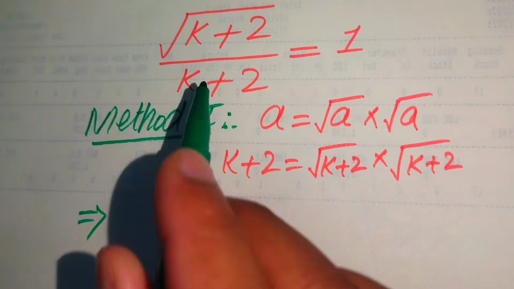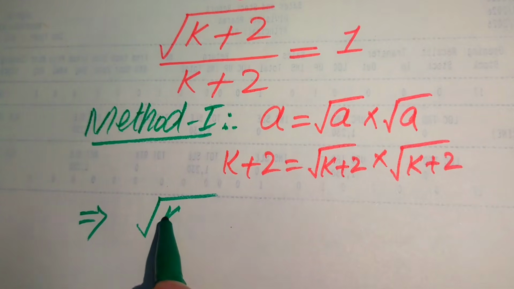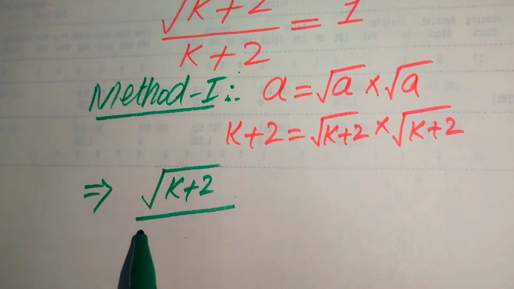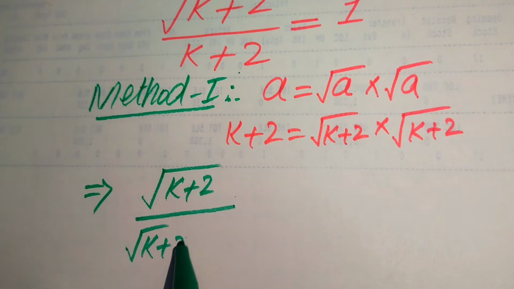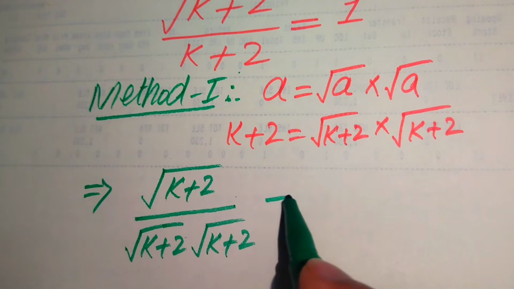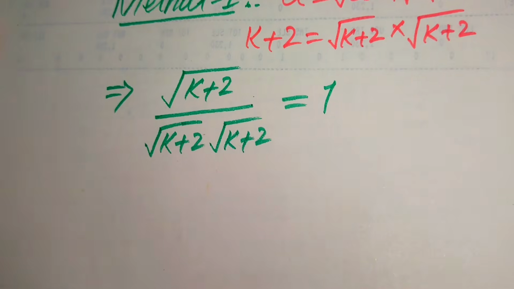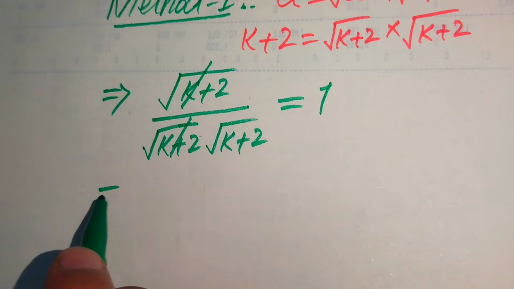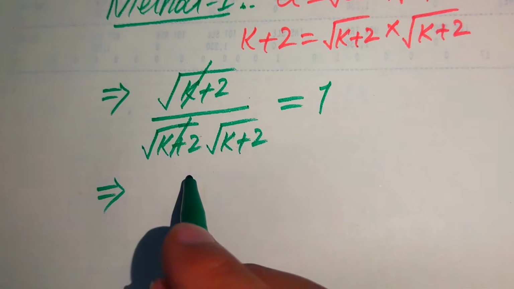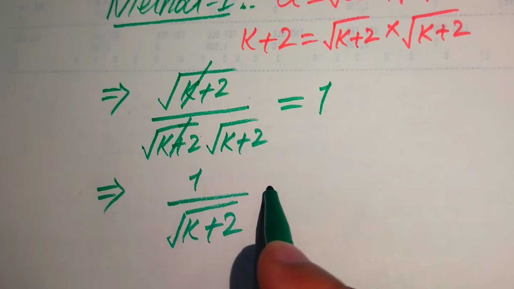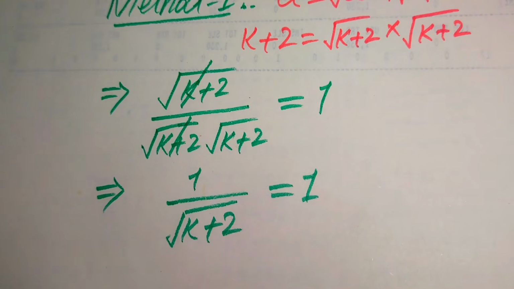Here first you have the square root of k plus 2 divided by k plus 2, and we write this k plus 2 as the square root of k plus 2 multiplied by the square root of k plus 2, is equal to 1. And now you see here this k plus 2 is cancelled out by this k plus 2, and the remaining values are 1 divided by the square root of k plus 2 is equal to 1.